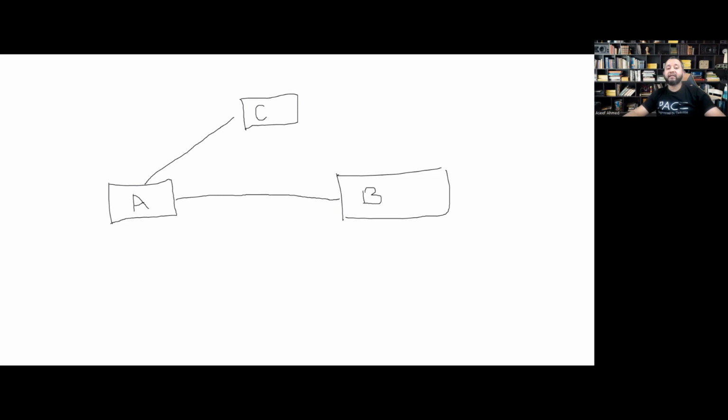Though C is connected to A and A is connected to B, it doesn't mean C can talk to B. To let one VPC connect to another VPC, you have to make a direct connection.